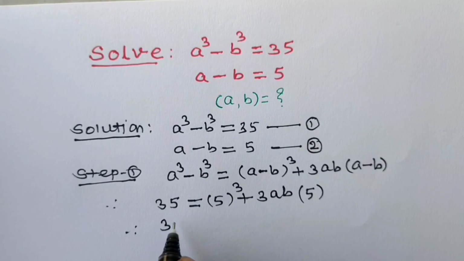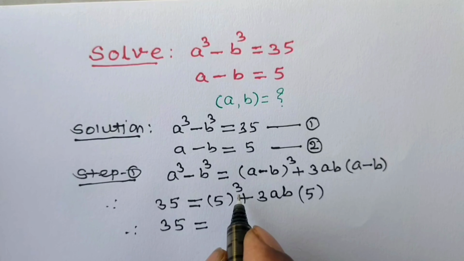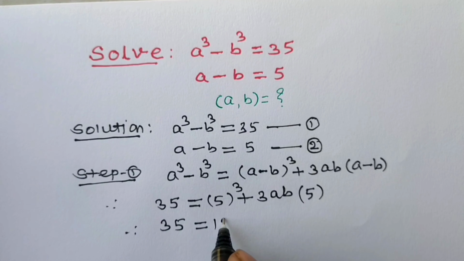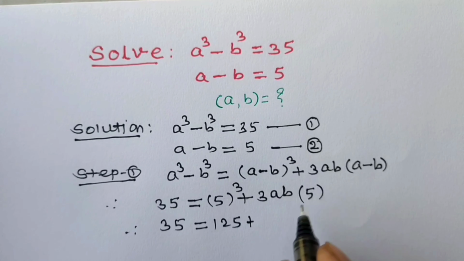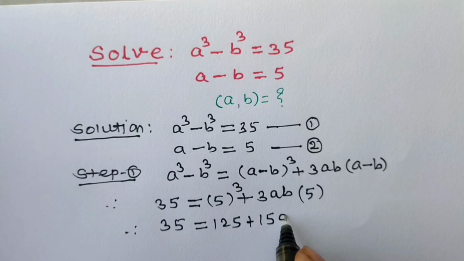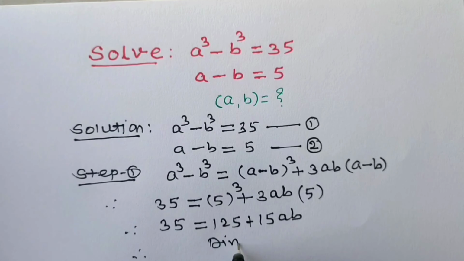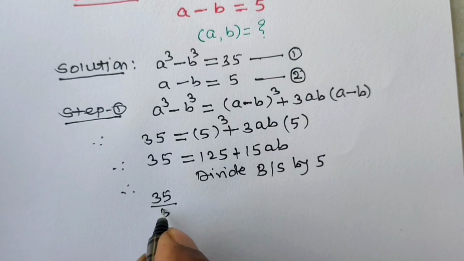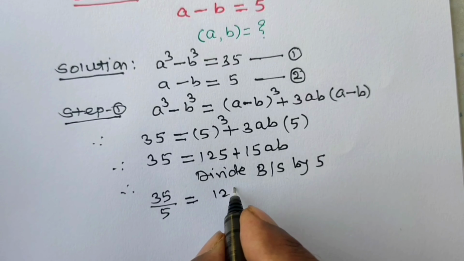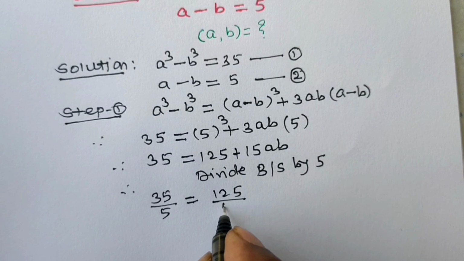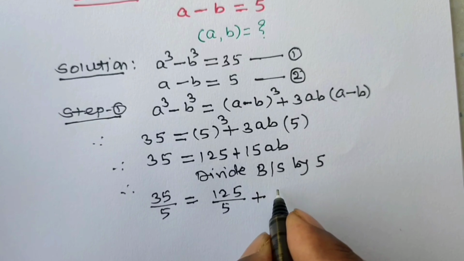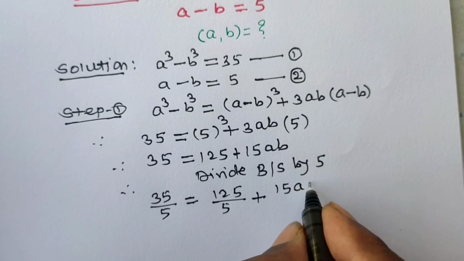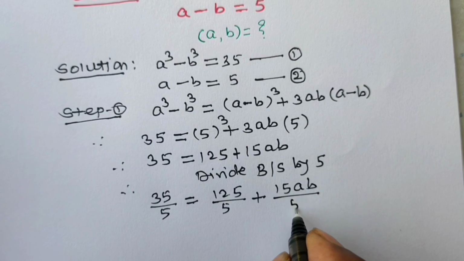Hence, 35 is equal to 5 cube, that is 125, plus 3 into 5, 15ab. Divide both sides by 5. Hence, 35 divided by 5 is equal to 125 divided by 5 plus 15ab divided by 5.